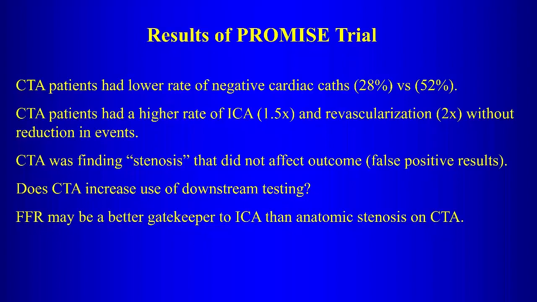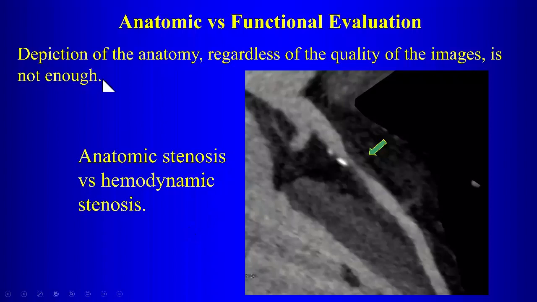So it seems that CTA was increasing the use of downstream testing. In other words, more people are going to cardiac cath from CT. And so this is where fractional flow reserve, a functional evaluation, may be the gatekeeper, something added on to CT to improve the specificity of CT.